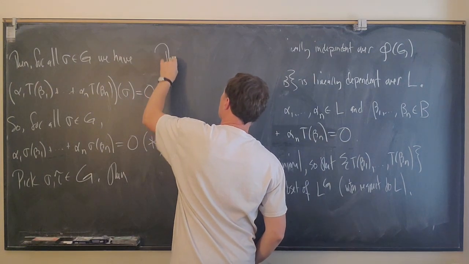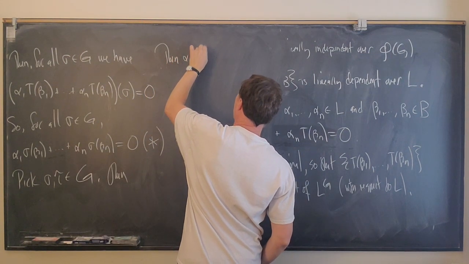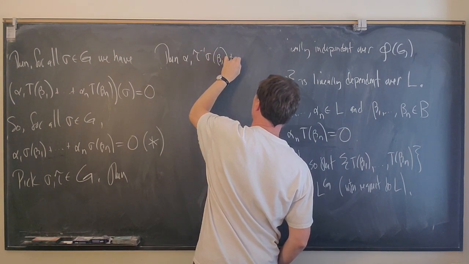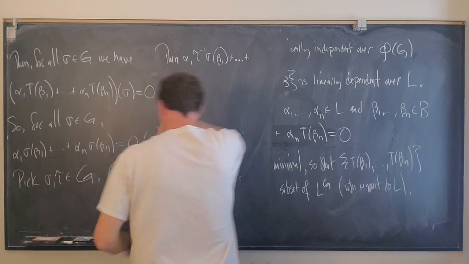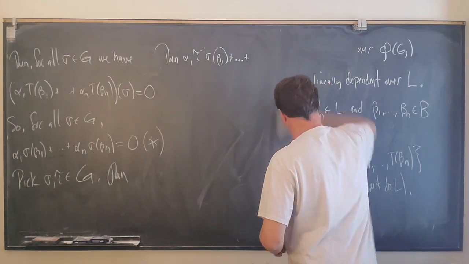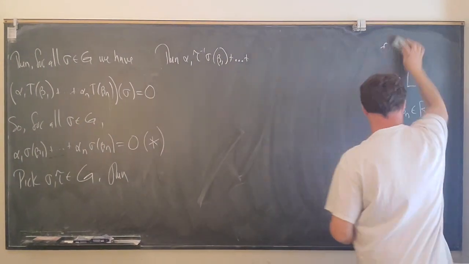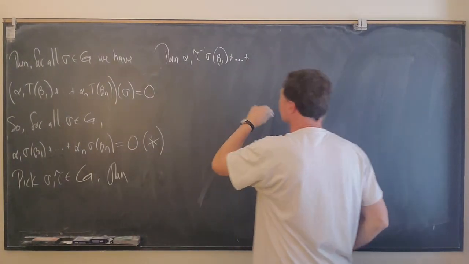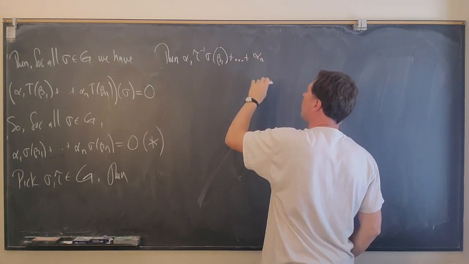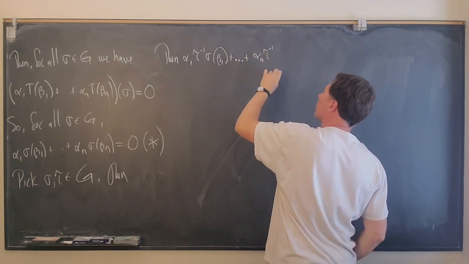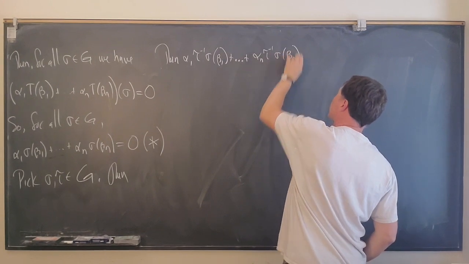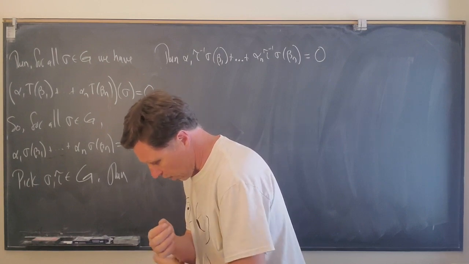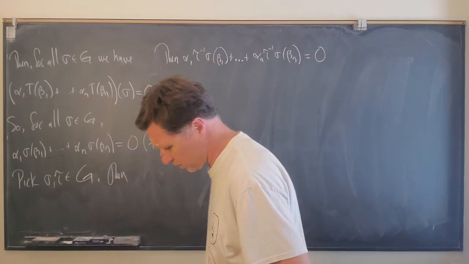So then, alpha 1 tau inverse sigma beta 1 plus dot dot dot plus alpha n tau inverse sigma beta n equals 0. Let me hit it with tau first.